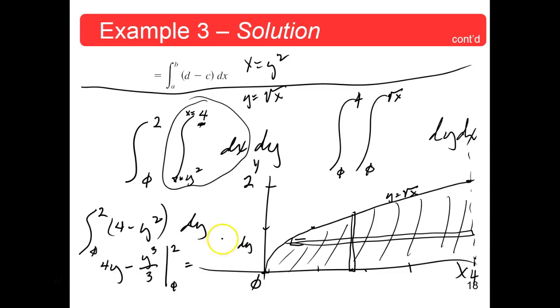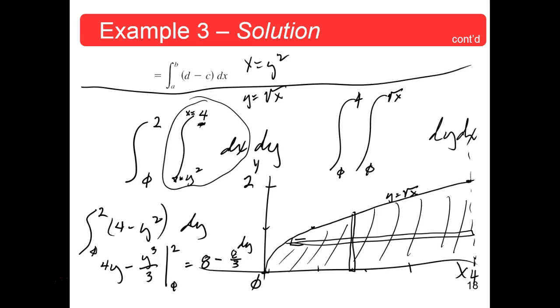When you plug in a 2, what do you get? 4 times 2 is 8, minus, plug in a 2, 2 cubed is 8 over 3. Okay?